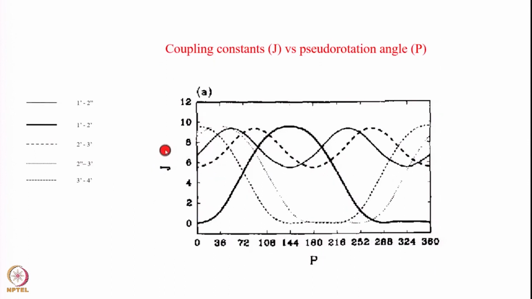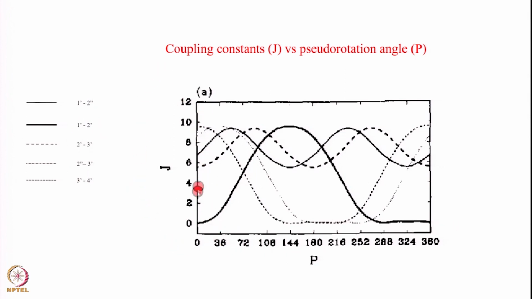What is plotted here? How many coupling constants are there? We have 1 prime to 2 double prime, 1 prime to 2 prime, 2 prime to 3 prime, 2 double prime to 3 prime, and 3 prime to 4 prime. So, we have 5 different coupling constants which can be used to characterize the sugar ring, and these depend on the conformation of the sugar ring, as you can see from here.